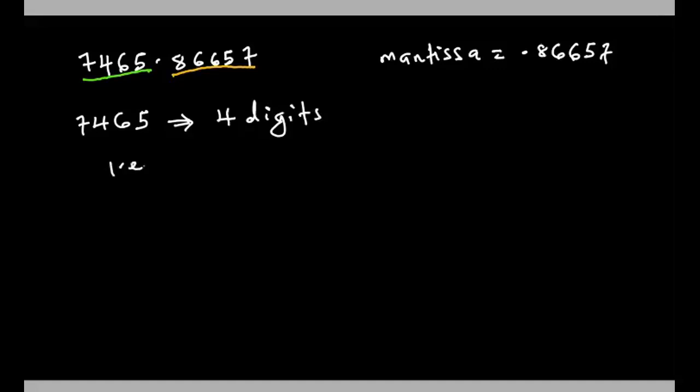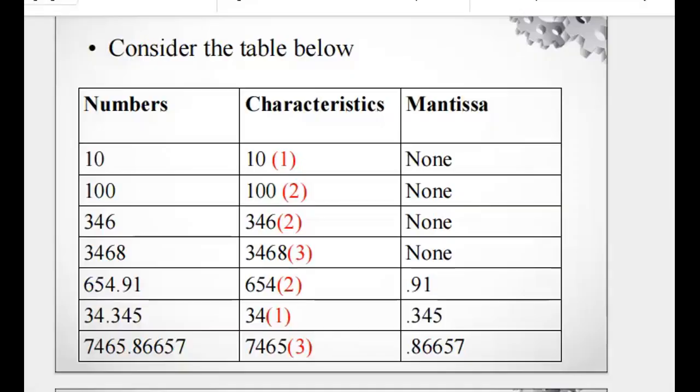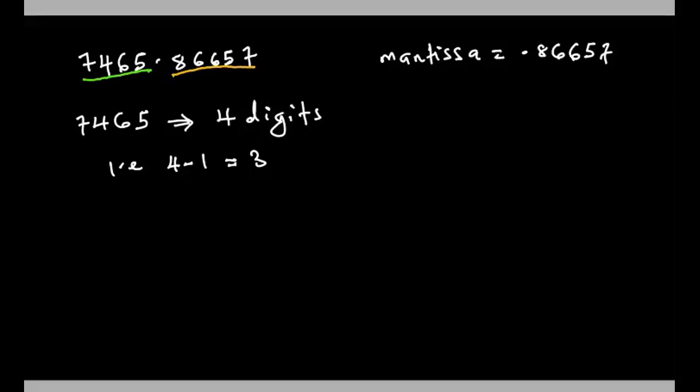Since it has 4 digits, I'll do 4 minus 1, which gives us 3. And therefore, our characteristic for 7465.86657 is just 3, just as we have on the table here, while the mantissa is 0.86657, just as we earlier saw.